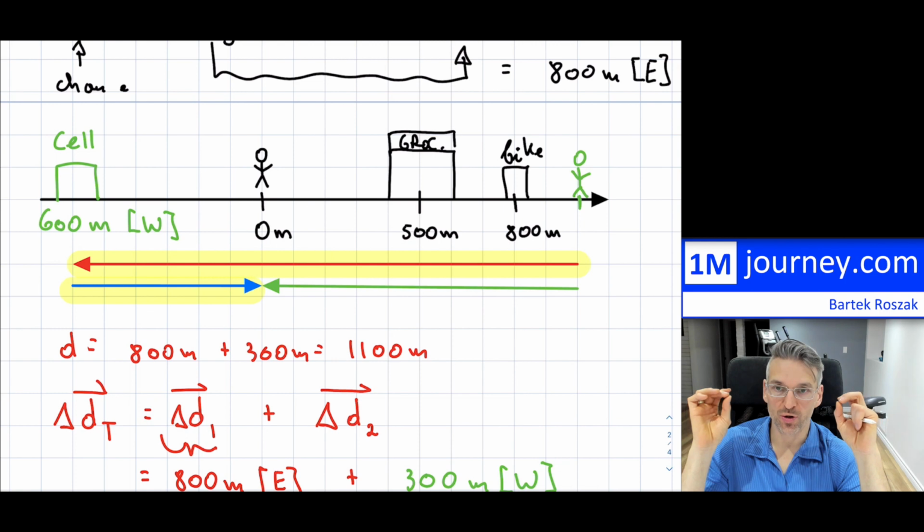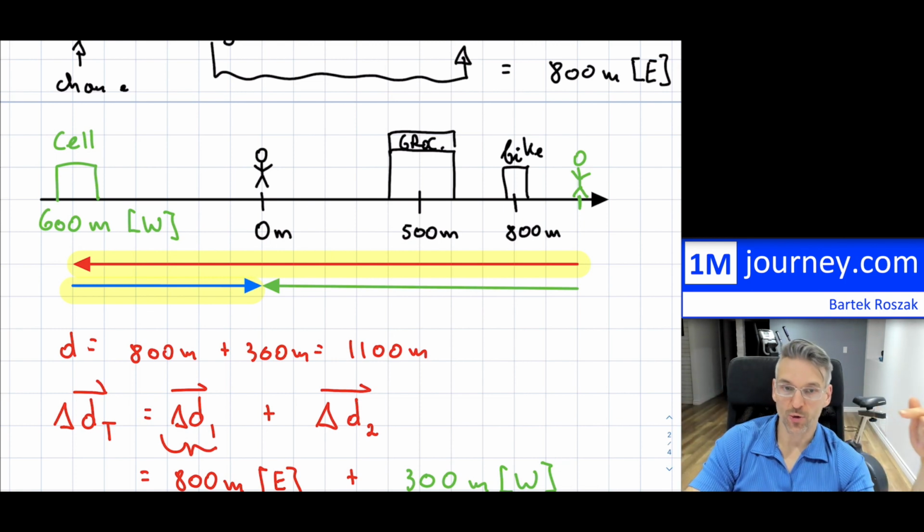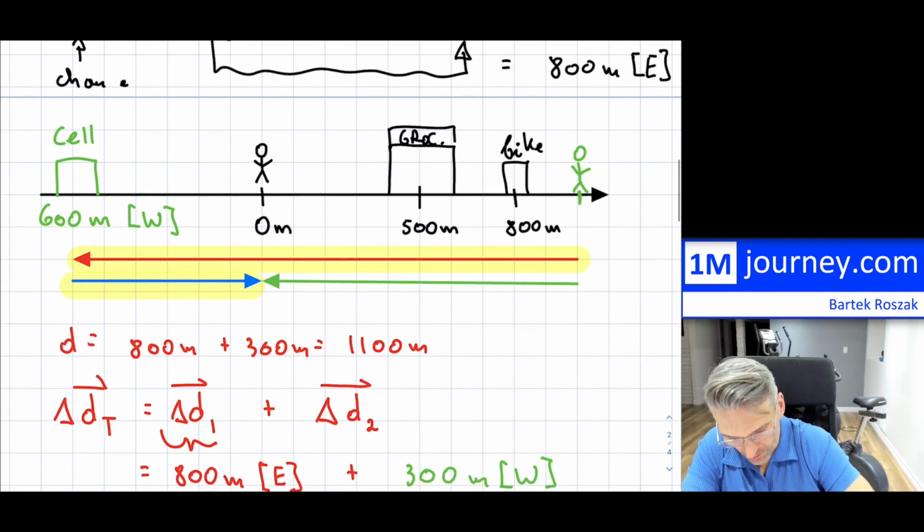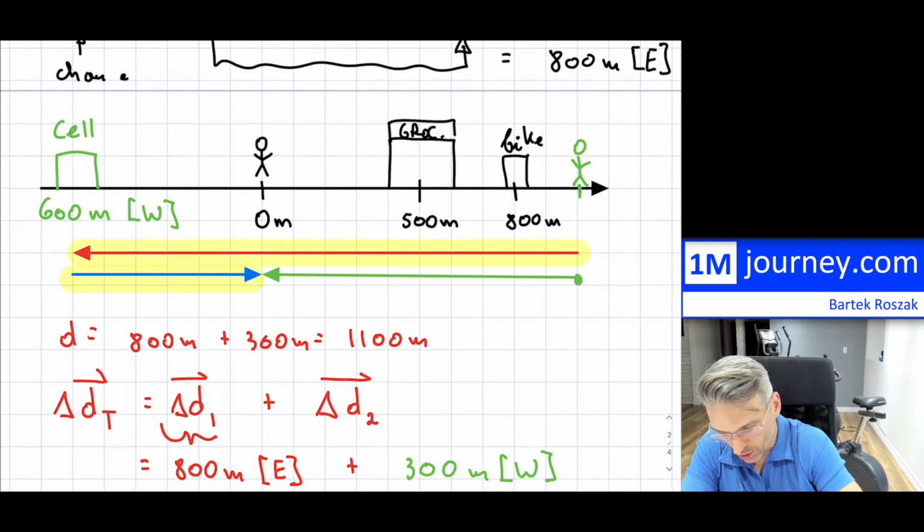But the actual displacement that we would have had, notice that we're going to the west. So the displacement is from this point over here all the way to this point. Because it's very visual, we can count it up: 1, 2, 3, 4, 5, 6, 7, 8, 9, 10.